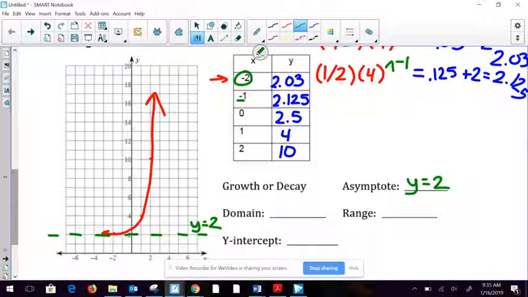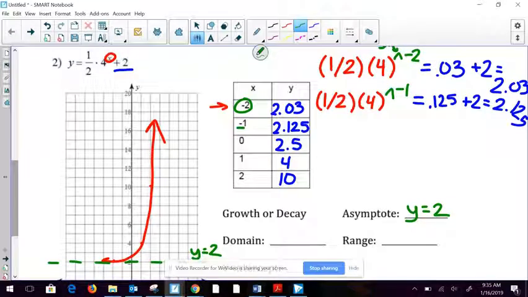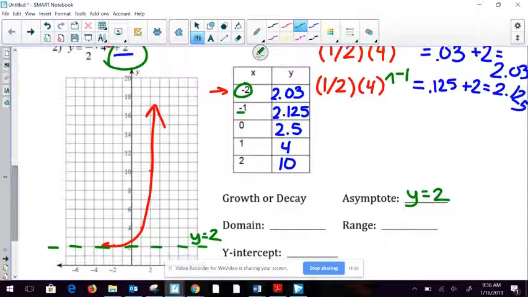How does that correlate to your equation? Do you see how you're adding that 2 in the equation? Whatever number is being added or subtracted at the very end, that is your asymptote. If there is no number being added or subtracted, that means 0 is your asymptote. The rest of the stuff is pretty easy to answer. This graph is going from really small to really big, so it's growth. Your domain every single time is what?